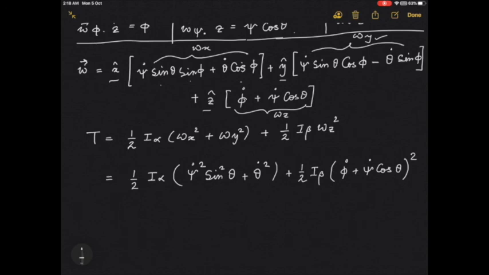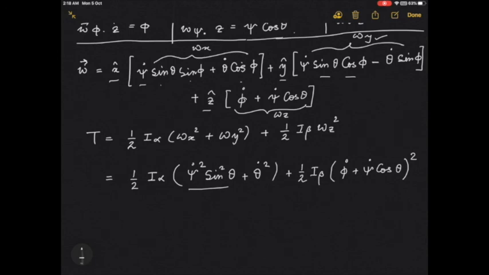Now if I add omega x squared plus omega y squared, you see what happens. So first let us look at components of psi dot. I get psi dot square, sine square theta sine square phi from omega x, and sine square theta cos square phi from omega y. Sine square phi plus cos square phi adds up to 1. So I get psi dot square sine square theta, which I have written here.